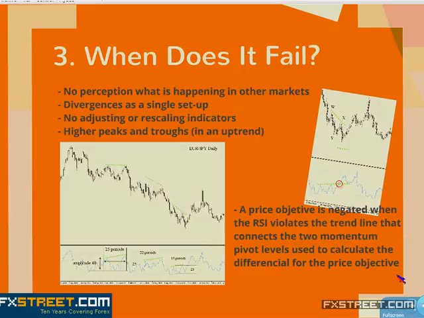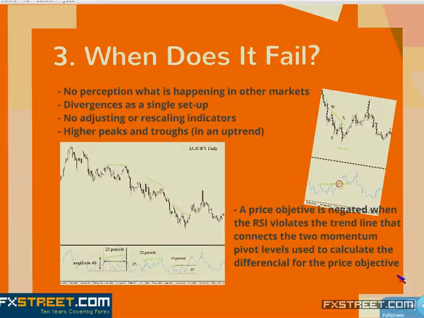The hidden divergence itself, as the regular divergence, doesn't carry with it a signal in itself. When we speak of divergence, we mean there is a lack of confirmation.